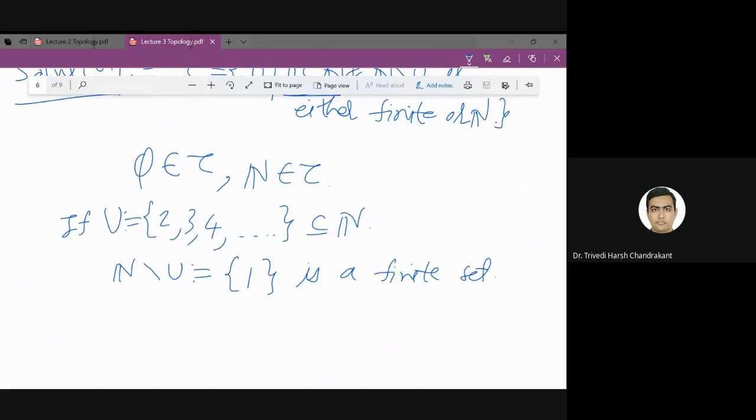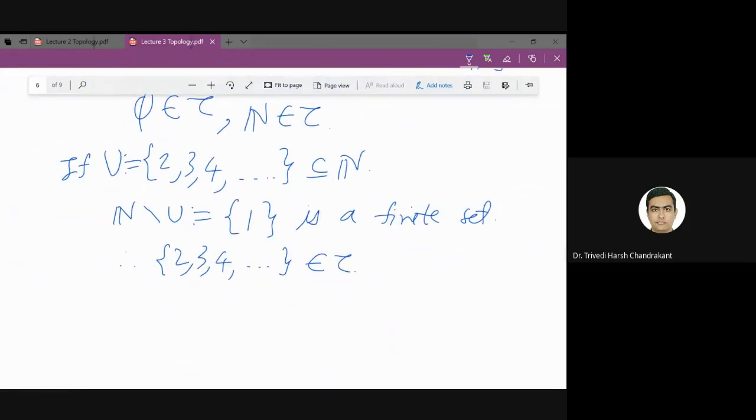So that means what? That means this U is an element of tau. So it is an open set. Now let me take some other set. Let me call this U1.